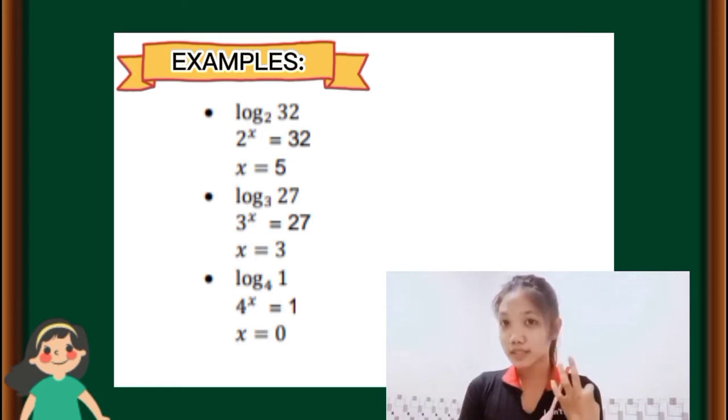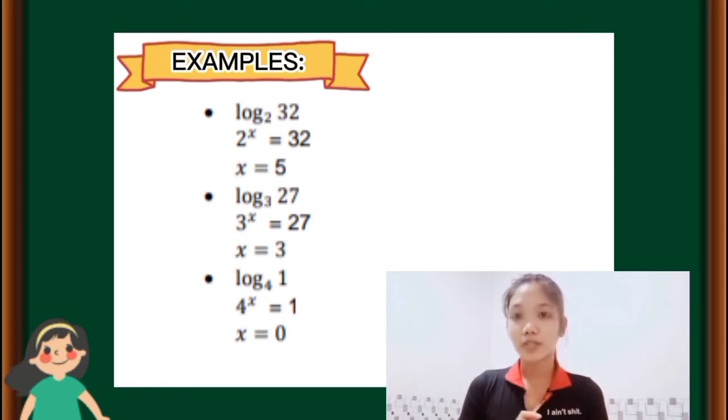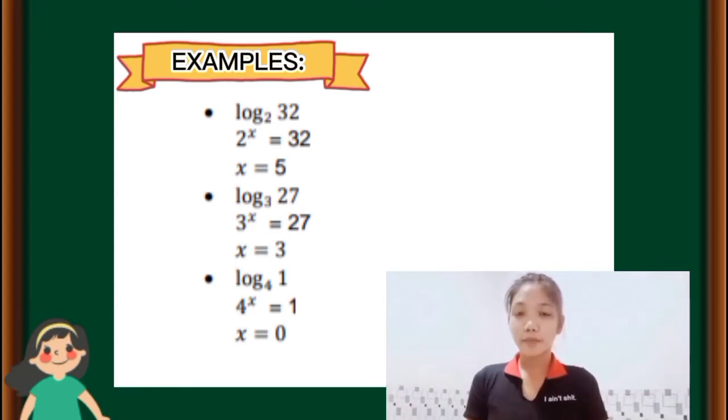So, ang value ni x or ni exponent is 3. So, kapag naman sinulat natin siya sa exponential form, ang magiging form niya ay 3 raised to 3. So, last example, log base 4 of 1. Dito medyo magiging complicated lang dahil hindi natin pwede kuhanin si base form para i-multiply sa kanyang sarili.